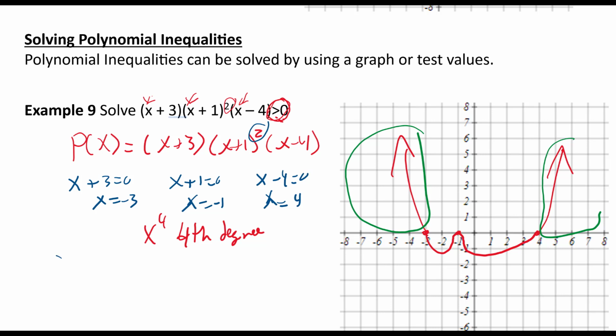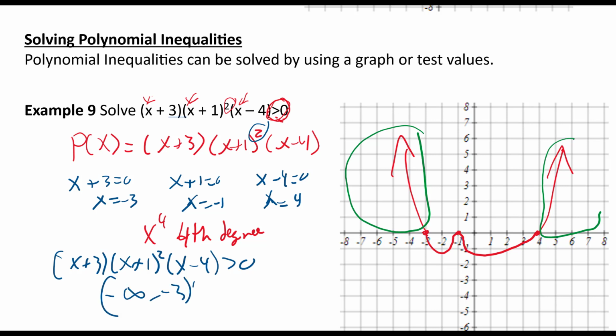So we would say that x plus 3 times x plus 1 squared times x minus 4 is greater than 0 whenever x is in negative infinity up to negative 3, union 4 to infinity. And that's it for that one.